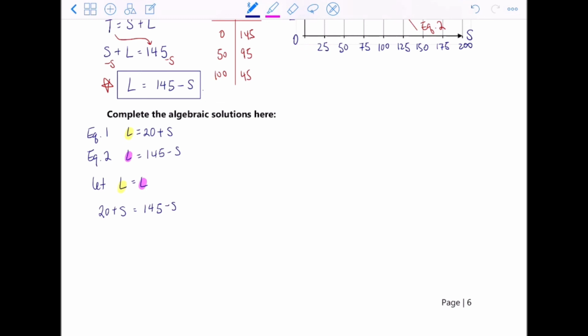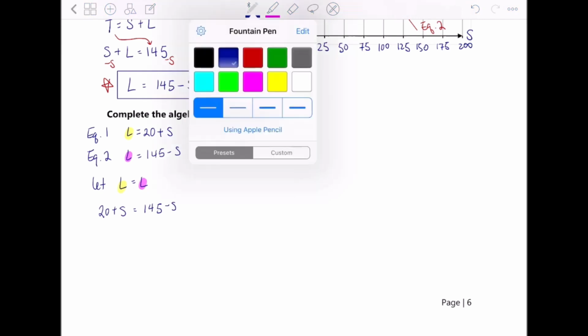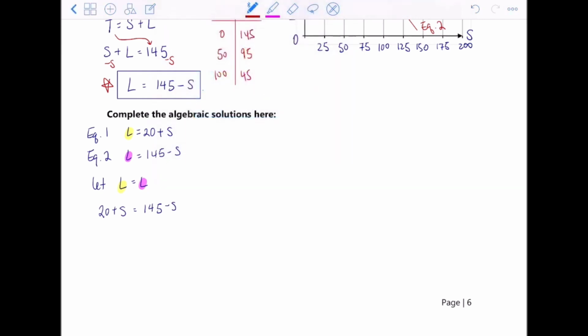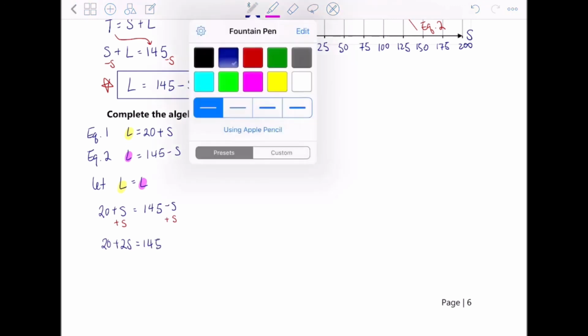So we first need to collect the like terms. I like to have a positive S, so I'll just add S to both sides first. So we should have 20 plus 2S equals 145 plus 0, and I'm not going to write 0.